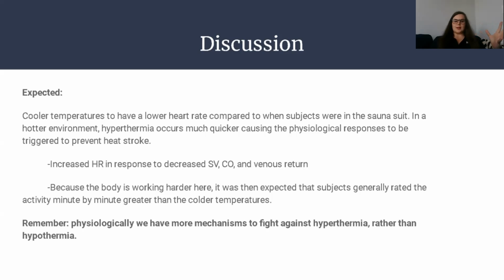What our body does is that we vasodilate, and we can deliver more blood to our peripheral appendages and the outsides of our bodies, to more of our shell region, and we can disperse that a little bit better, so that the heat can have a greater surface area and can then evaporate into sweat, etc. So again, the body has more mechanisms at this point than with the colder environments.